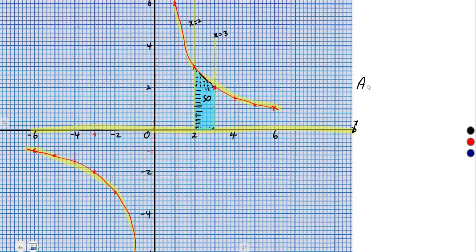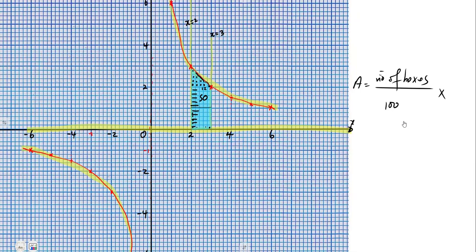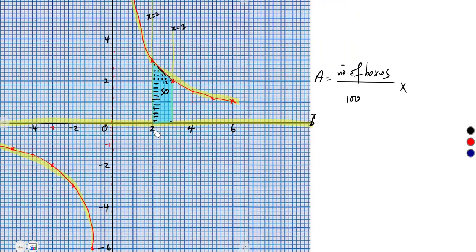So the area, remember, is the number of boxes over 100 times the area of the unit square, which is 2 times 2.